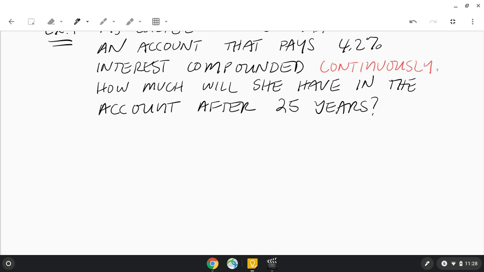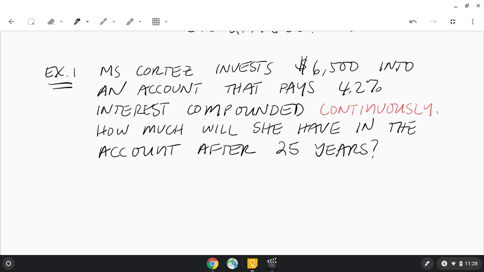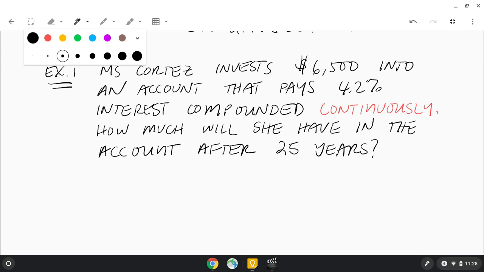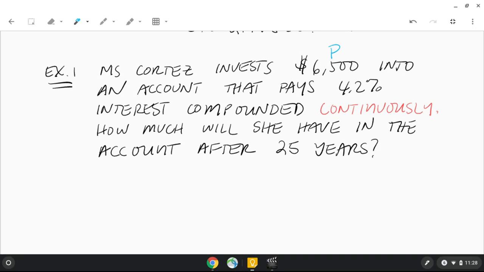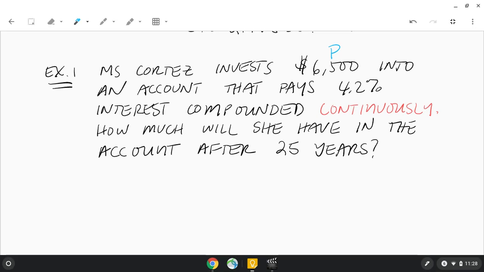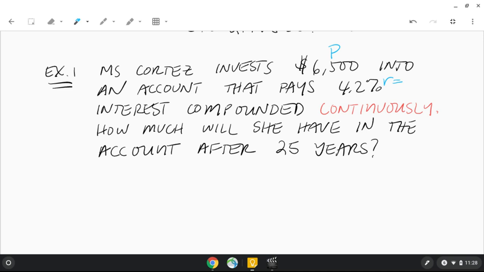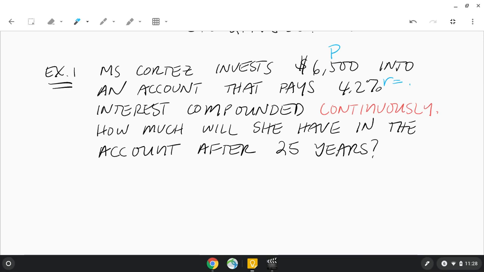Let's take a look at our variables here. Ms. Cortez invests $6,500. I'm going to go ahead and use blue. 6,500, that's our P value, into an account that pays 4.2%. That's our R value, but we want to use the decimal form of this, so 0.042.